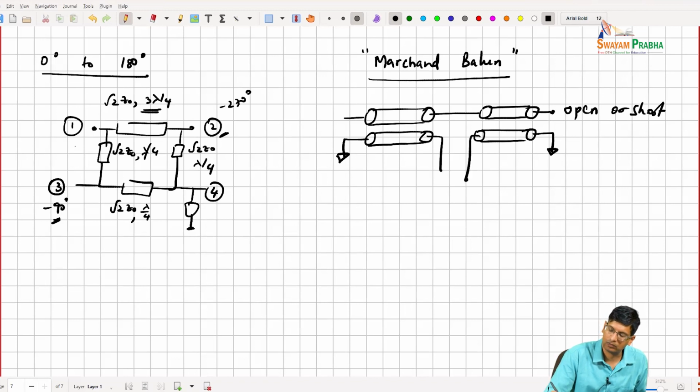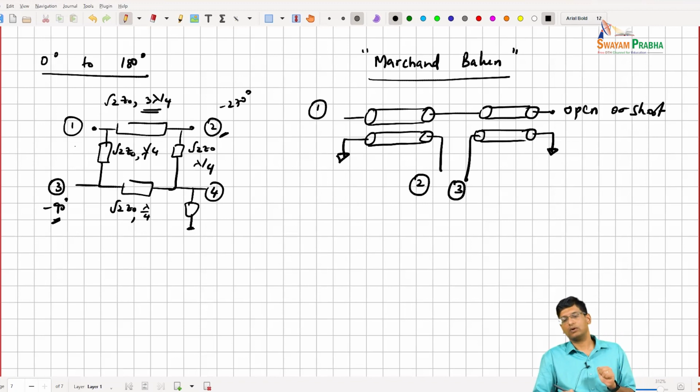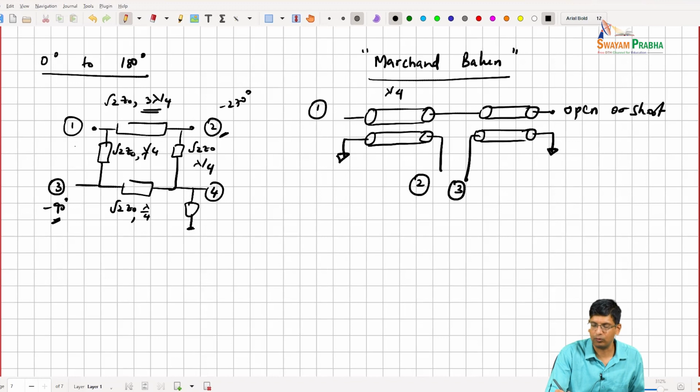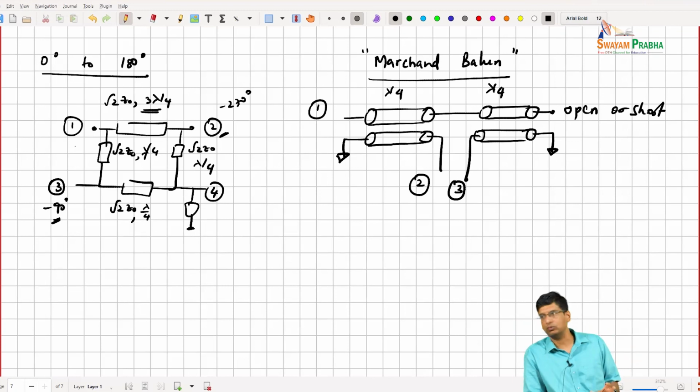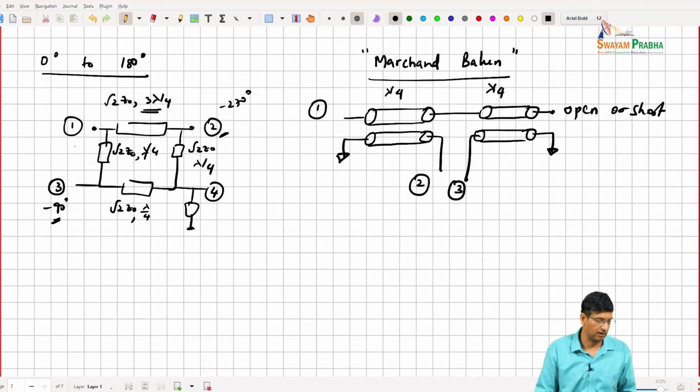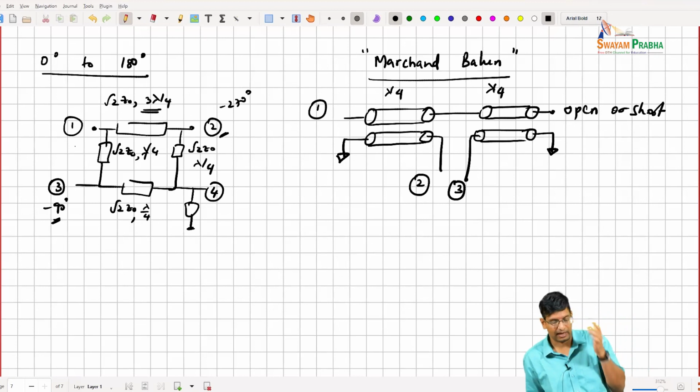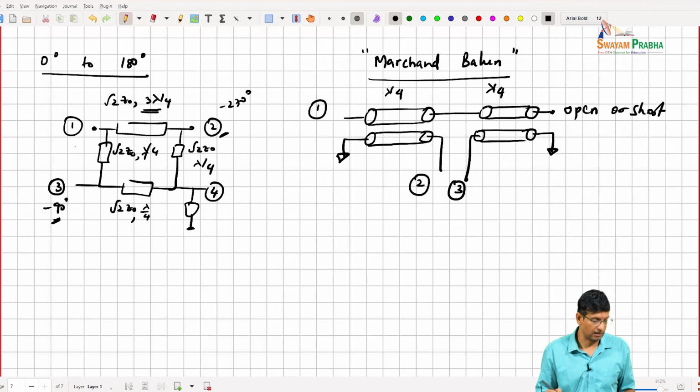And then you basically have this is port 1, this is port 2, and this is port 3, right? So this is lambda over 4 and this is lambda over 4, right? So with this sort of structure within lambda over 2, you can basically get a 0 180 degree line in here, right? And you can analyze this again in even and odd mode, right?